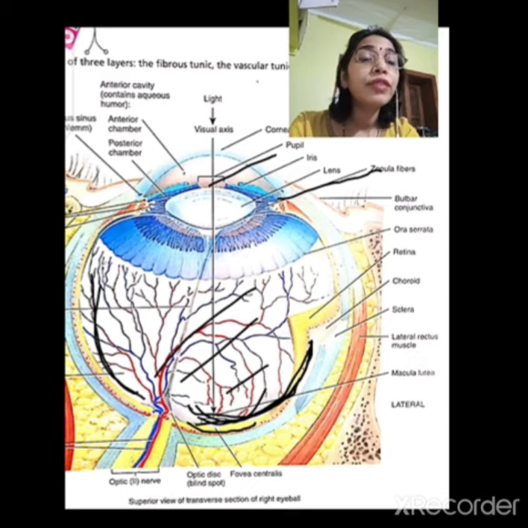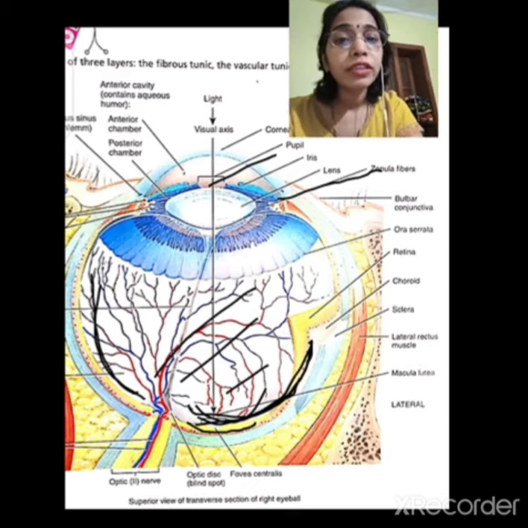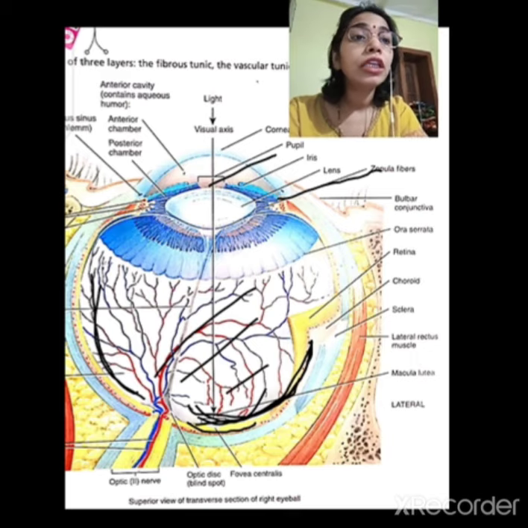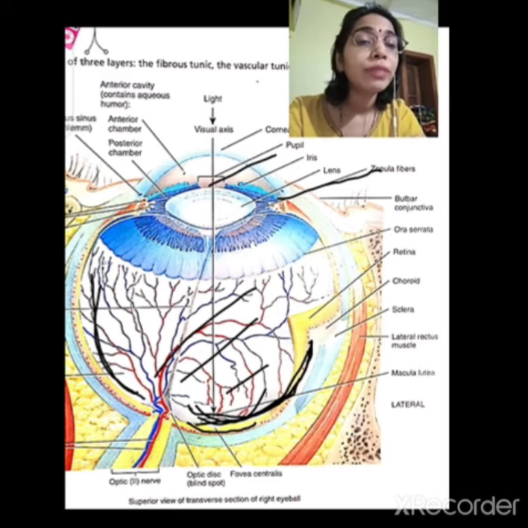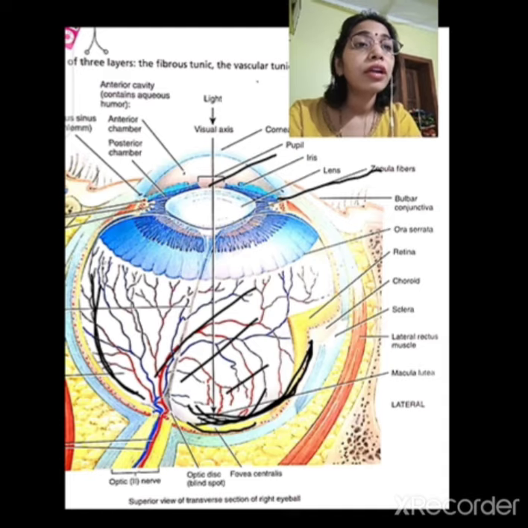Pathological changes can be seen in hypertension, diabetes mellitus, cataracts, and age-related macular disease.